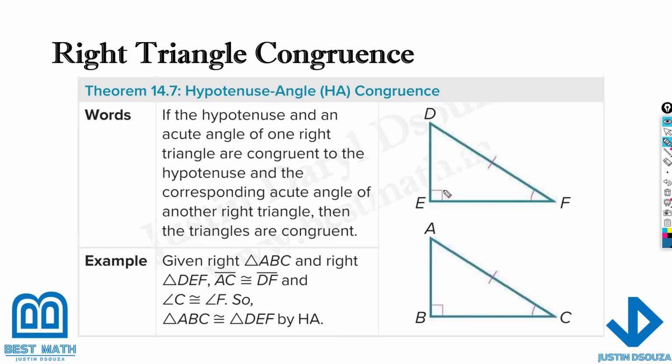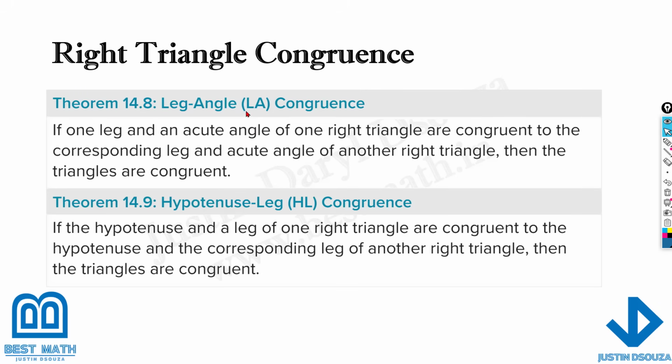But now, what if I know the angle D here and I know angle C are congruent, but that is not aligned properly? See here, when you align them properly, it must be D and A. If it is C, then it must be F here. So that is very important. The corresponding parts themselves must be congruent. So one hypotenuse and one angle. What about this leg and angle and leg and hypotenuse and leg?